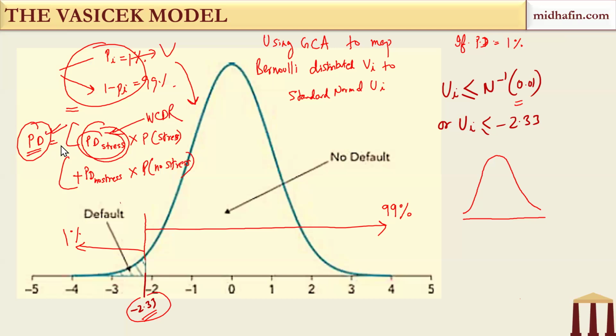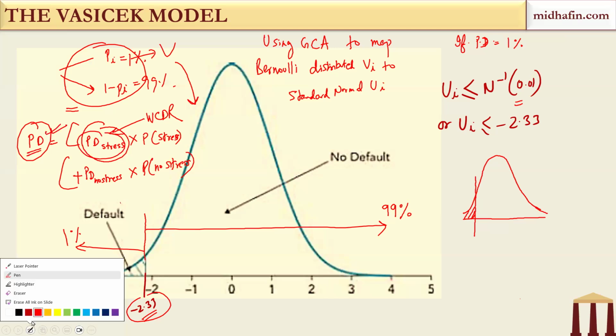So I said that if we are using this PD, and we are mapping this, this is our PD distribution mapped to a standard normal distribution. This same distribution cannot be used to find out the worst case default rate. That is another distribution, a conditional distribution, which will have a different mean and different standard deviation.